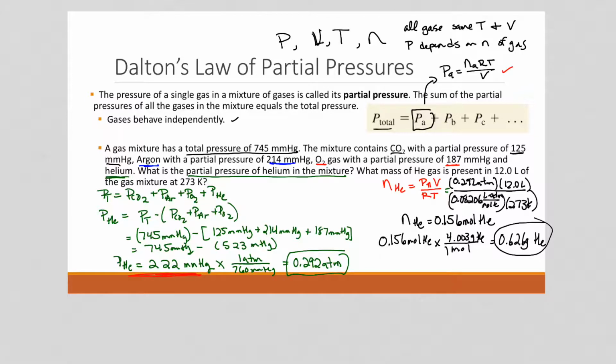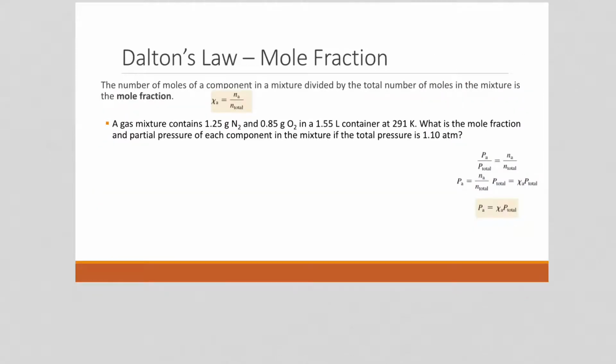Now, since the pressure is related to the moles, sometimes instead of knowing individual pressures, we work with what are called mole fractions. And mole fractions are just what fraction of the moles are coming from a particular gas. So it is the individual moles over the total moles. And that's going to be related to the ratio of pressures.